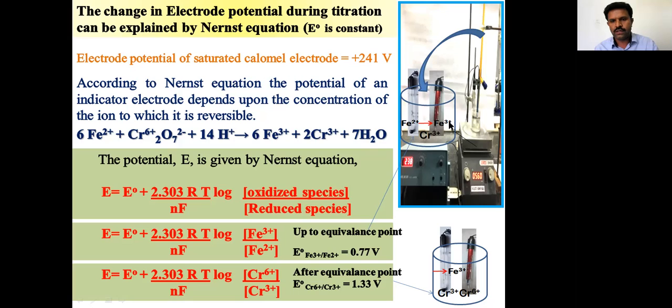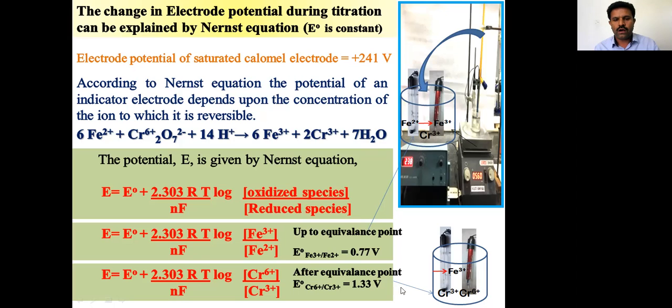Once all the ferrous is converted into ferric, the added extra drops of potassium dichromate, with chromium valency 6, are unreacted potassium dichromate. So now you can see the combination: the same species, chromium, but with different oxidation states. Now these ions are responsible for the electrode potential.